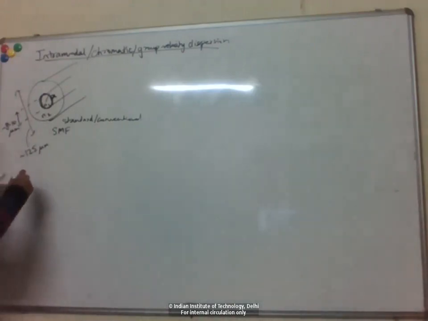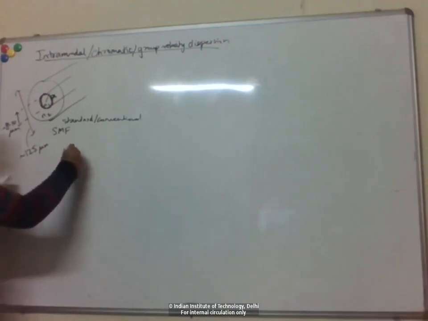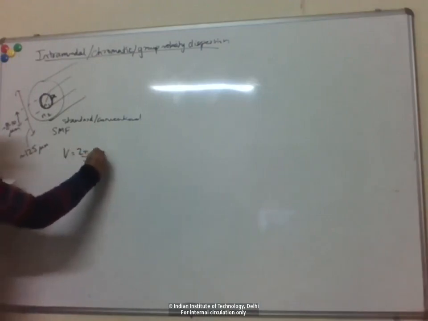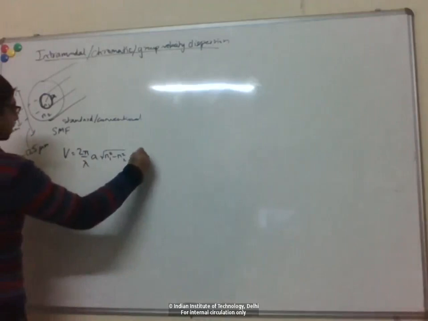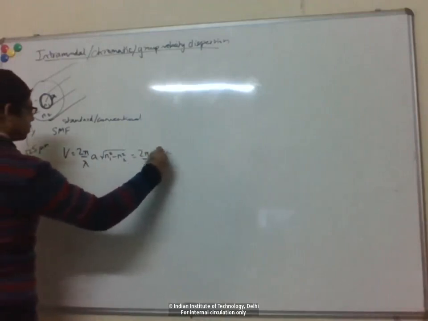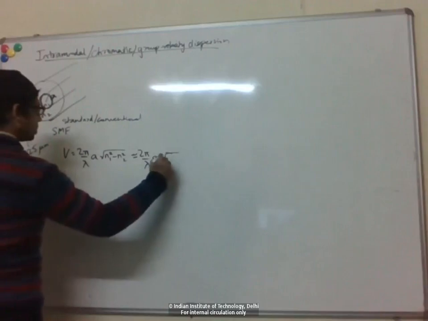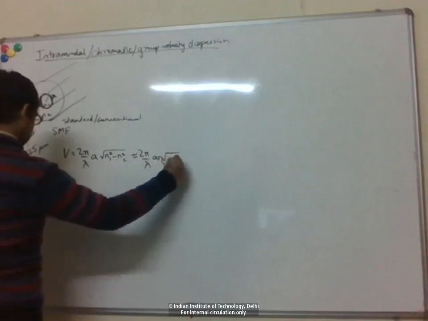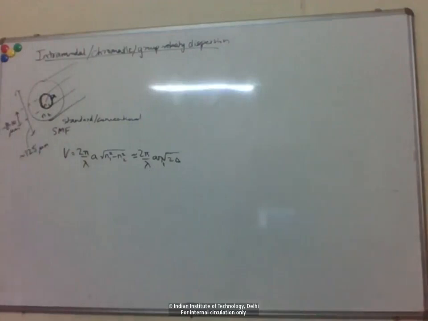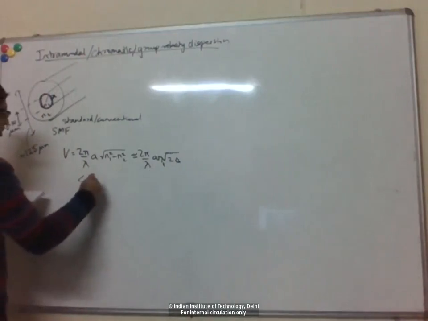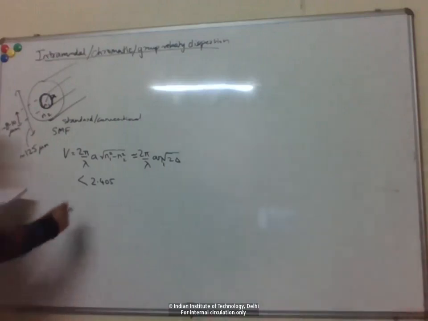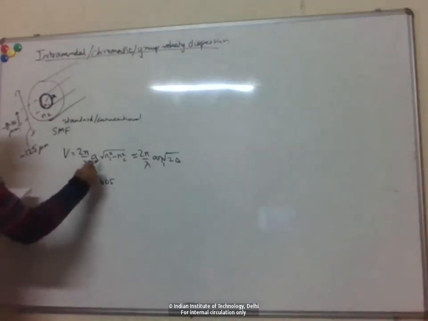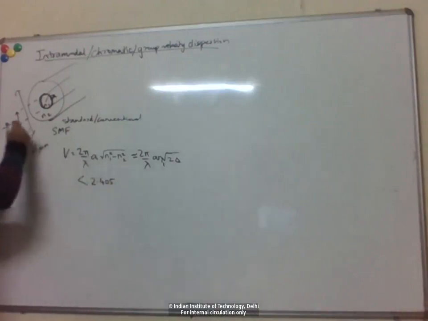Right, so again, recall this V number, or we can write it in terms of delta like this, with n1. Right, so this has to be less than 2.405. So for a given fiber, a here is fixed.